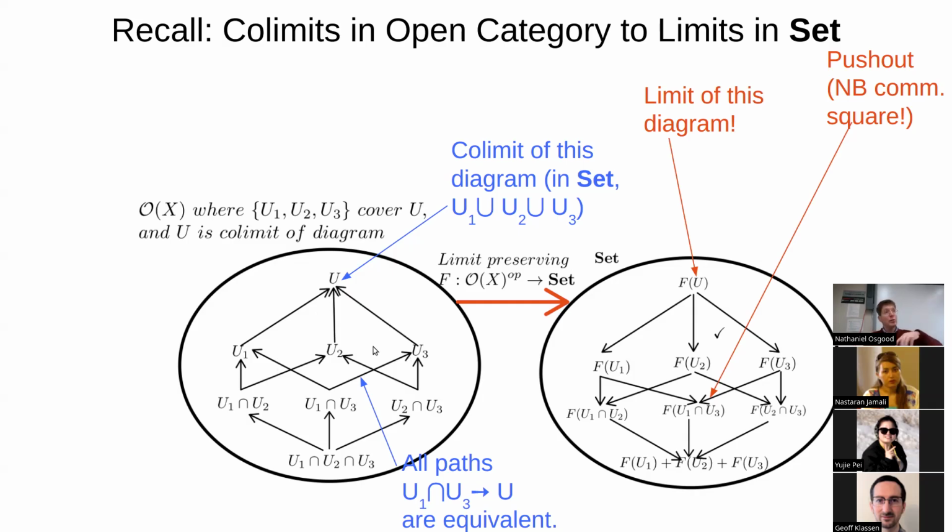What did that involve? What was an example of the co-limit? Push out is a good example. What is a co-limit in this category where you have sets and you have inclusions? Union. So if U is like the union of U1 and U2 and U3, it includes U1, it includes U2, but things that are in common are merged or identified.